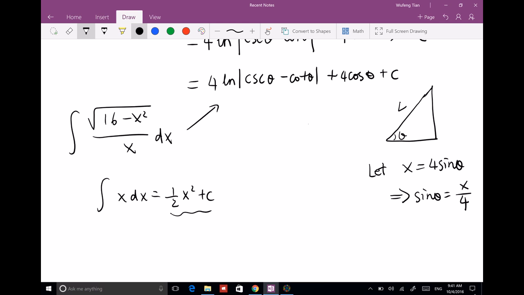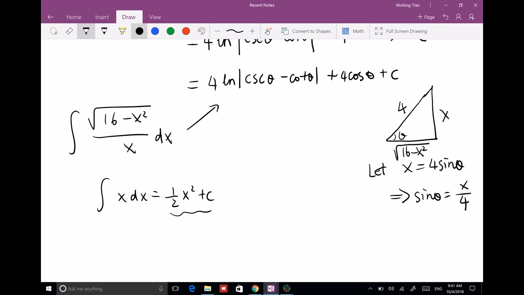Very, very good. And then the opposite side is x. Very good. Lacey, thank you. What about the adjacent side? Root of 4 squared, very good. Thank you very much. 16 minus x squared.